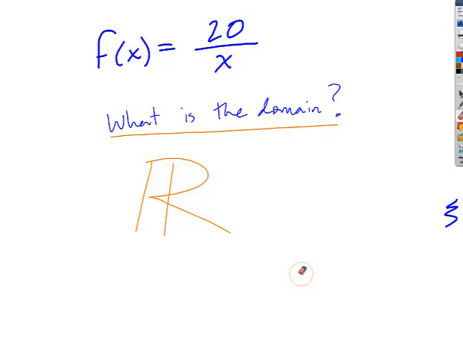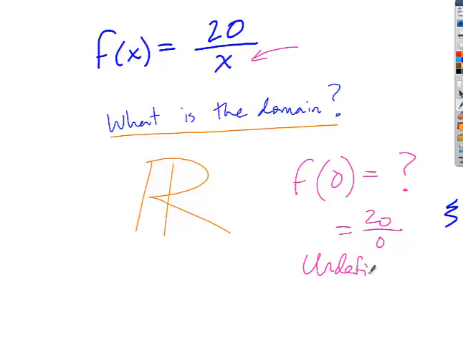Well, here's the deal. What happens if we put 0 in there? What is f of 0? Well, it's undefined, right? Because we simply cannot do this.